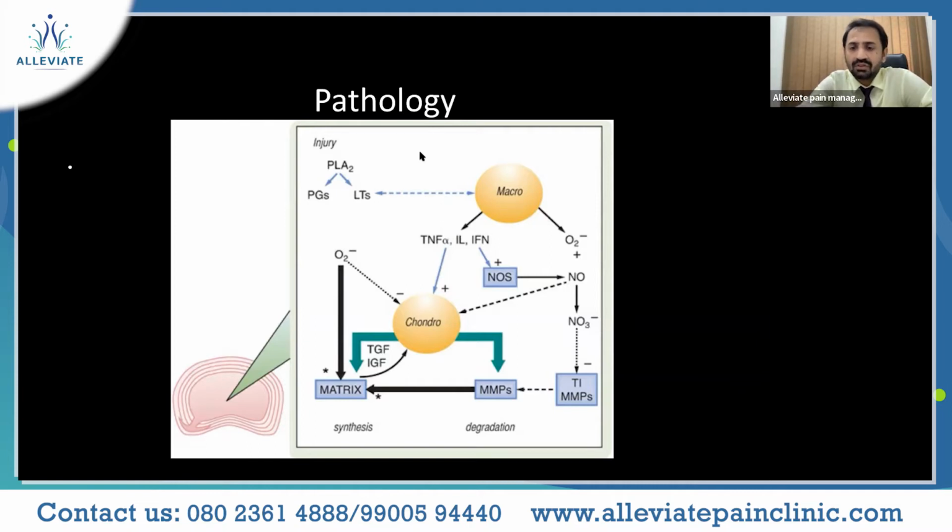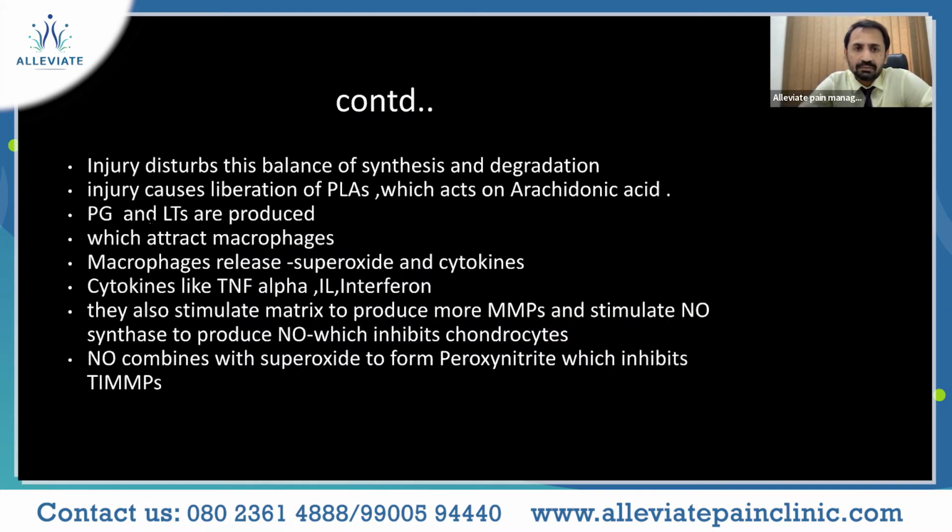Furthermore, the activity of your metalloproteinases is more, because of which there will be degradation of the matrix. So this is what exactly we'll be seeing in the subsequent slides, because it might be a little difficult to take down everything. So that's why I thought I'll just explain it.